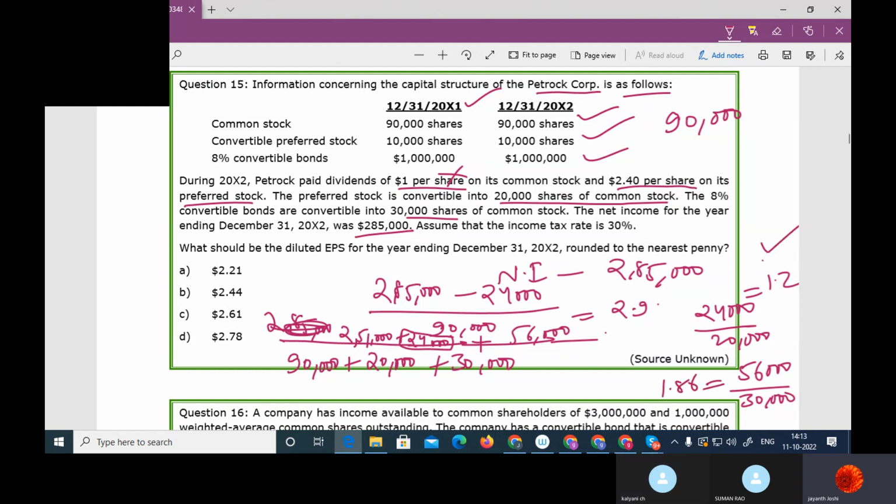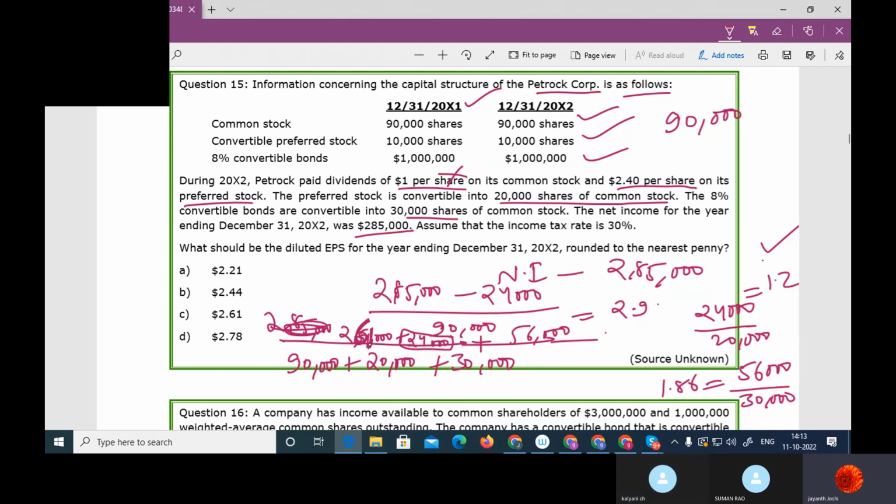This is more dilutive, right? Yes, 1.2 is lower, so the preferred stock is more dilutive. So 2,85,000 minus 24,000 is 2,61,000.